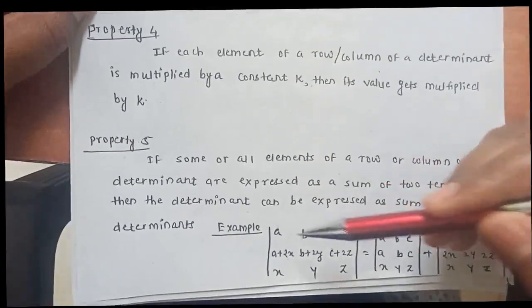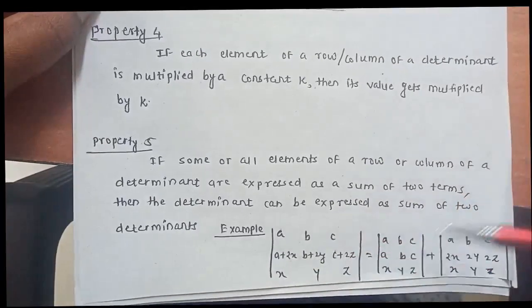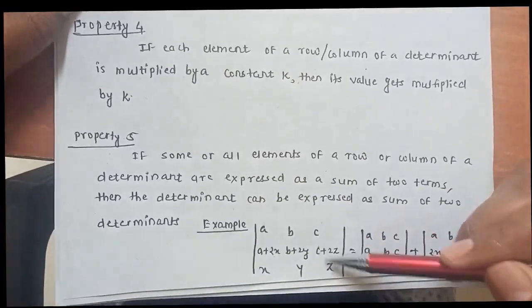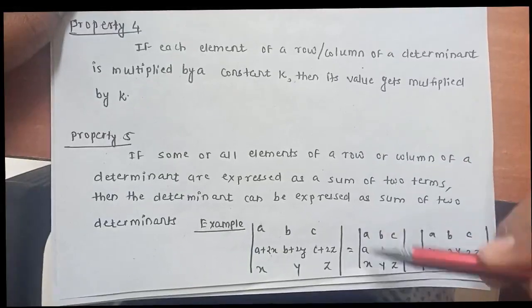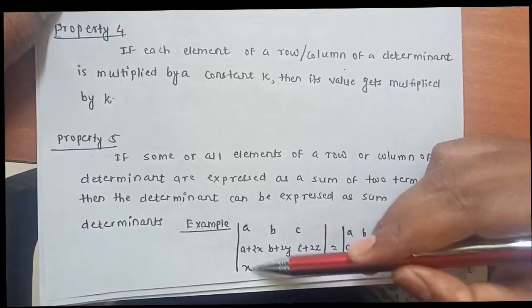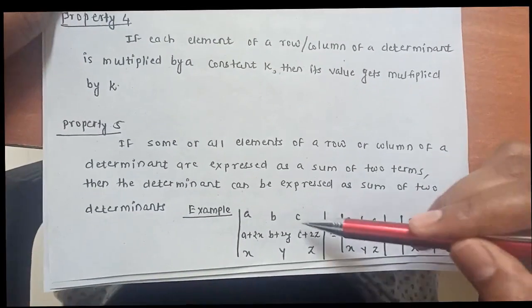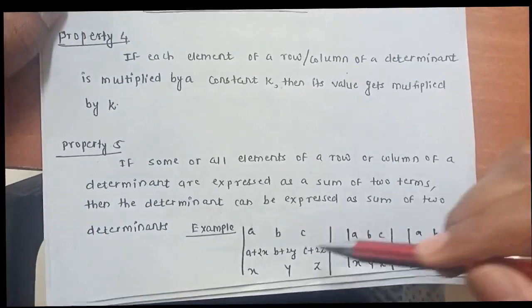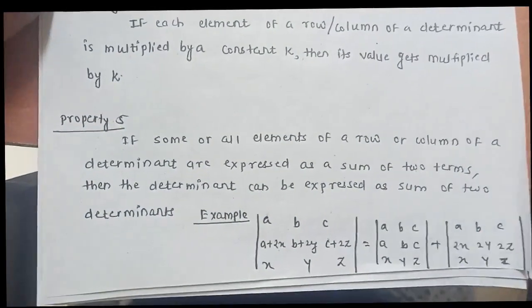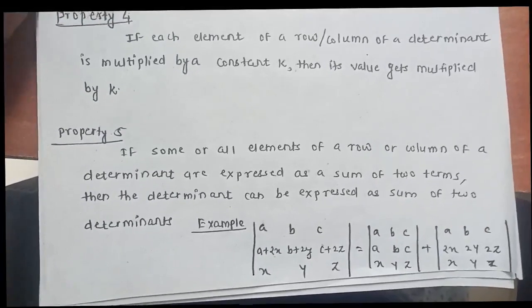The first determinant will have a, b, c and the other has 2x, 2y, 2z with the remaining rows the same. So the single determinant I can split into two if they are given in addition form. So these are the properties of determinants.